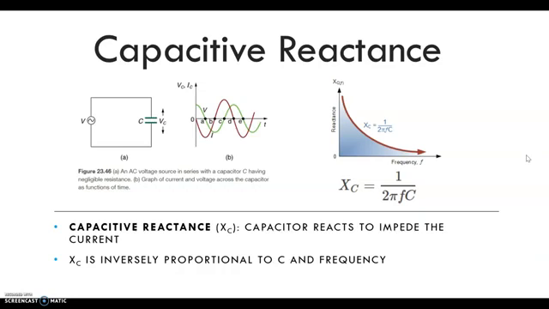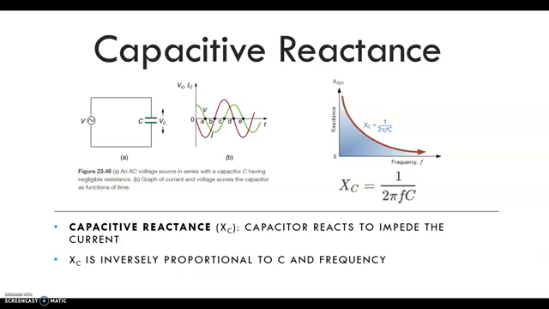Now with the capacitor. As the voltage across the capacitor and current are both graphed as functions of time in this graph here, we can see that the current starts at 0 when the capacitor is fully charged. As the cycle goes on, the voltage, again shown by this green line, lags behind the current by 1/4 of a cycle.